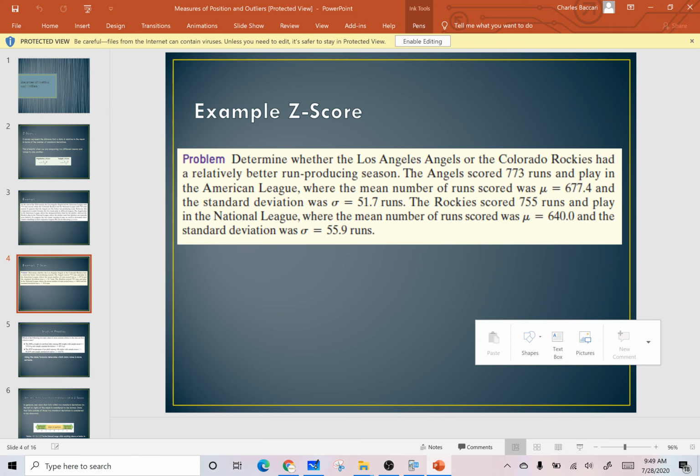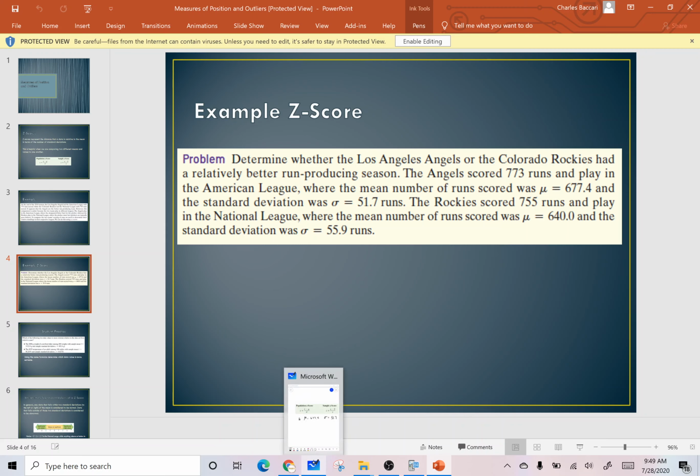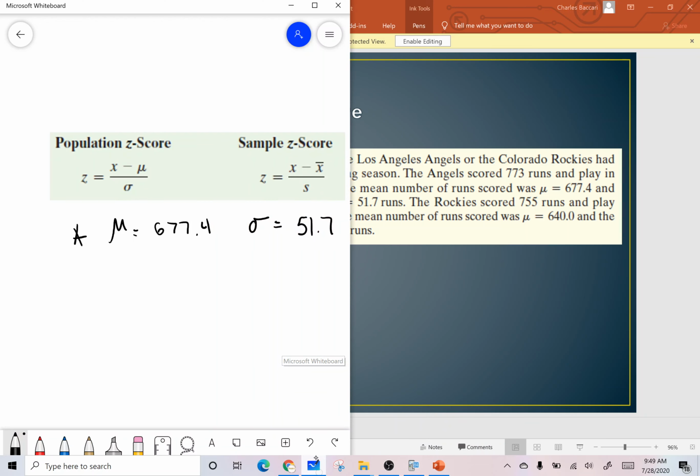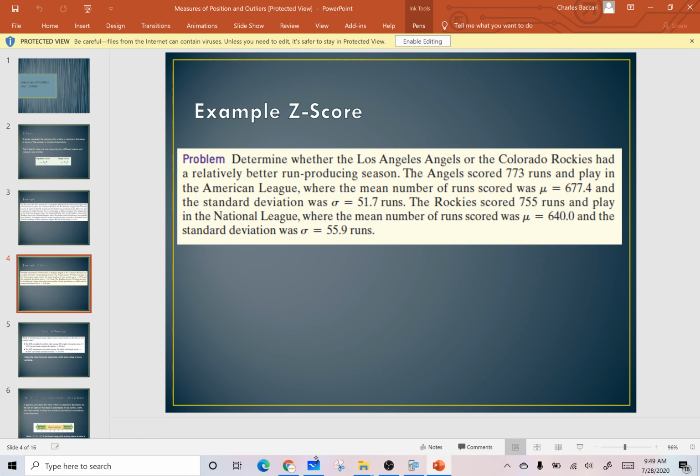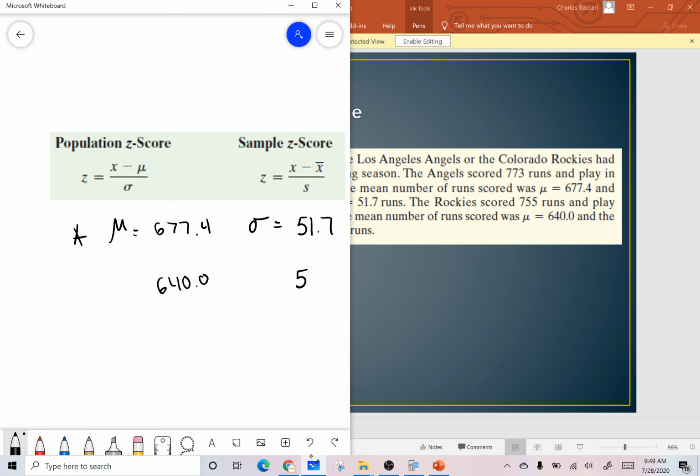Then the Rockies scored 755 runs, and for the National League the mean is 640 and the standard deviation is 55.9.